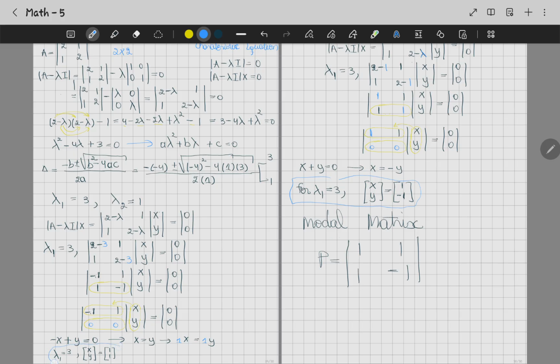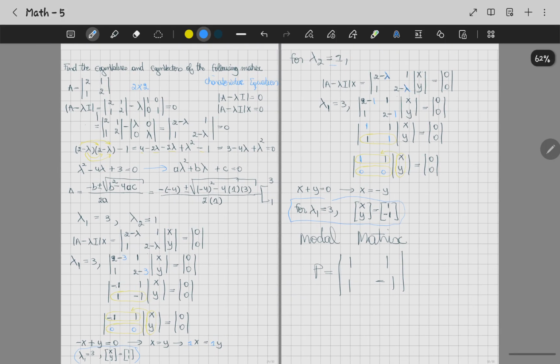This is the answer, the first one and second one that we get from this question. So this is a way for you to solve for the eigenvalues and then the eigenvectors.